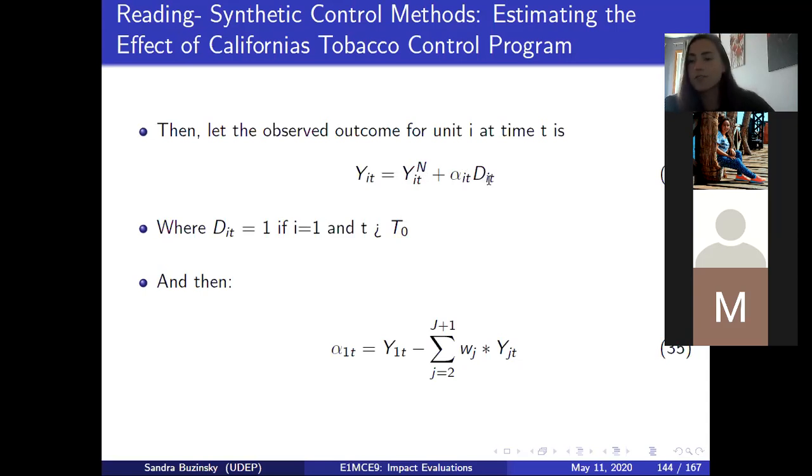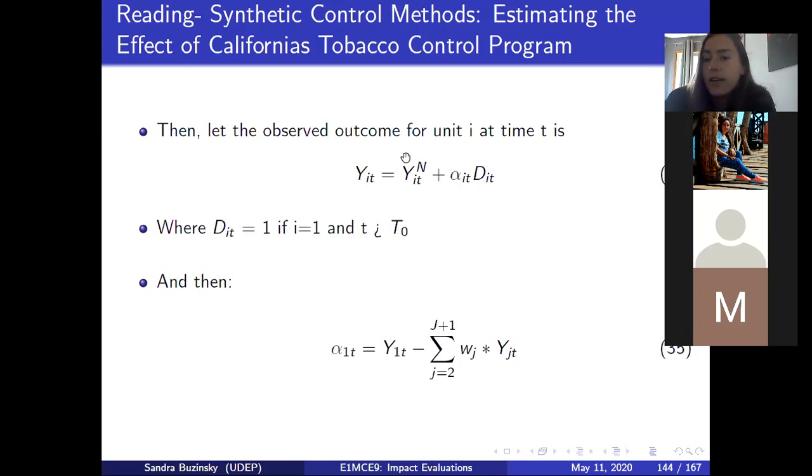Okay, so alpha is just the coefficient, and D_it is the dummy, equal to 1 if i equals 1 and t is greater than t0.